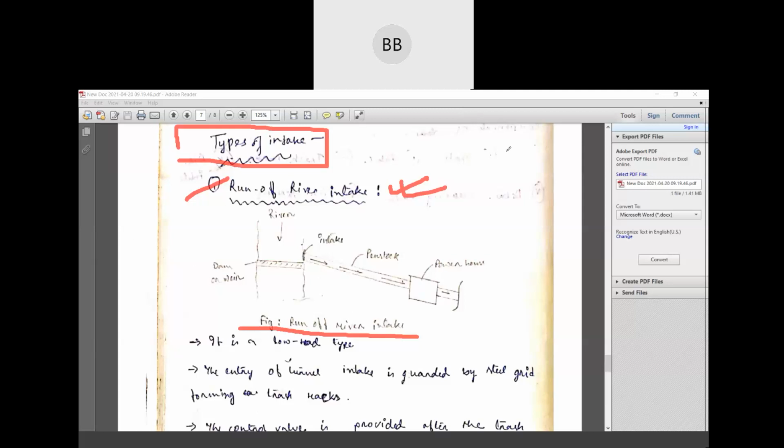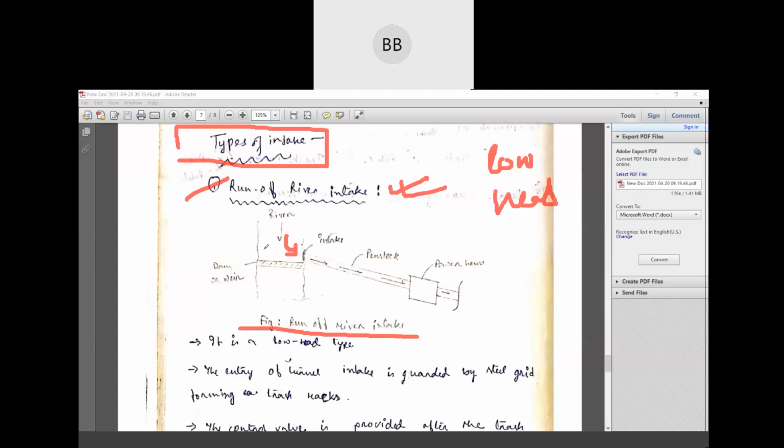If you remember, runoff river schemes are low head, because in a runoff river scheme, we are not going to store water. We directly divert the water. First, we put one barrage, which will increase our depth of flow, and then we allow the water to flow inside the power canal.